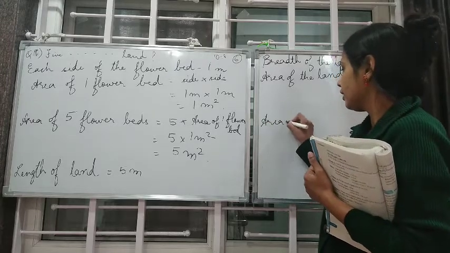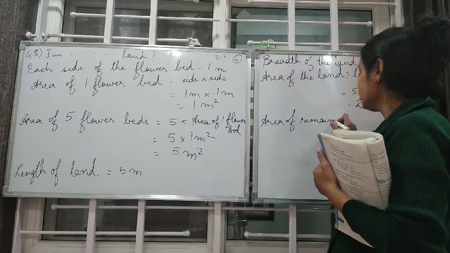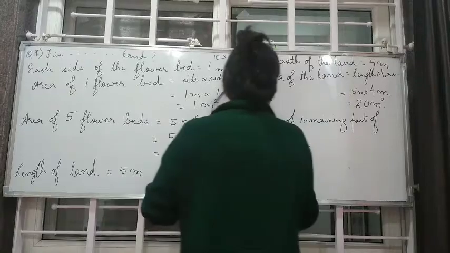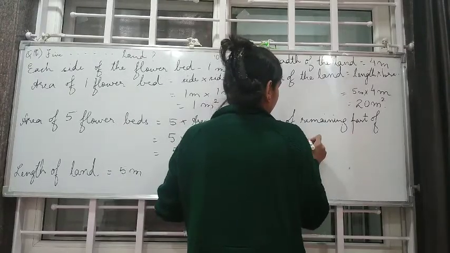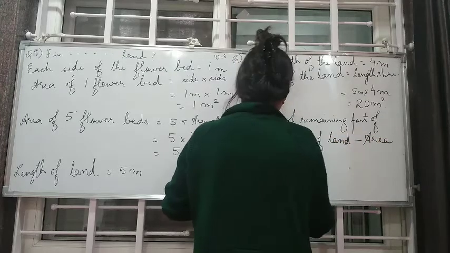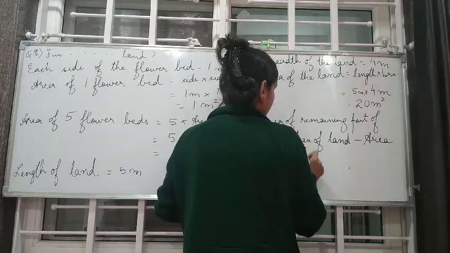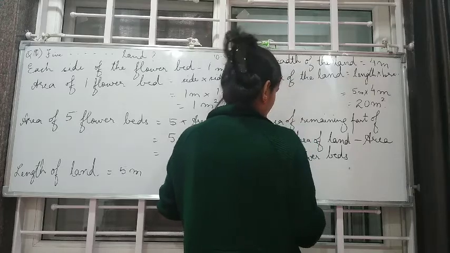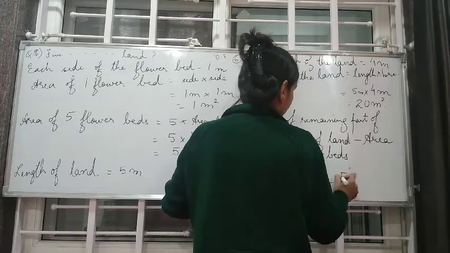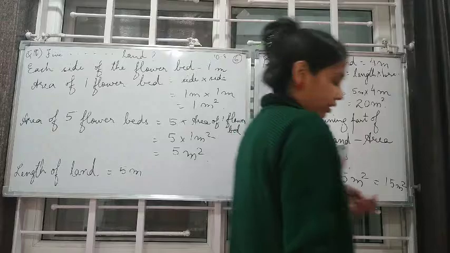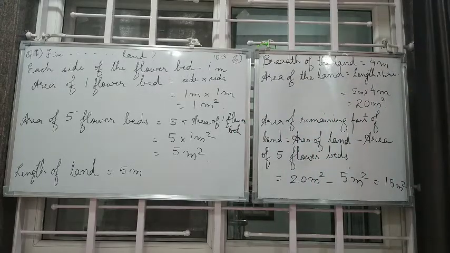So we will write area of remaining part of land is equal to area of land minus area of 5 flower beds, which is equal to 20 meter square minus 5 meter square, which is equal to 15 meter square. So this completes question number 9.